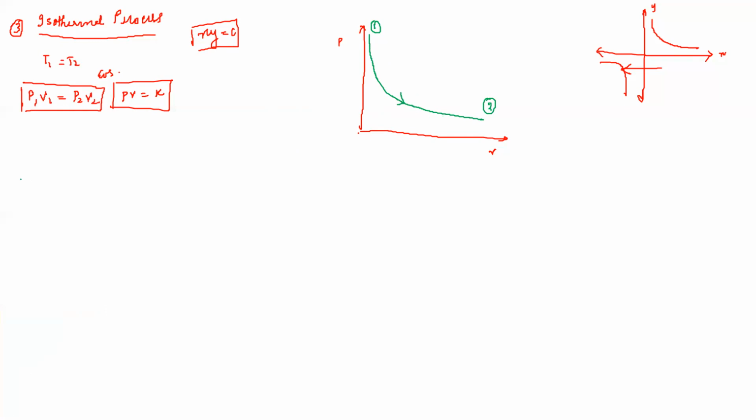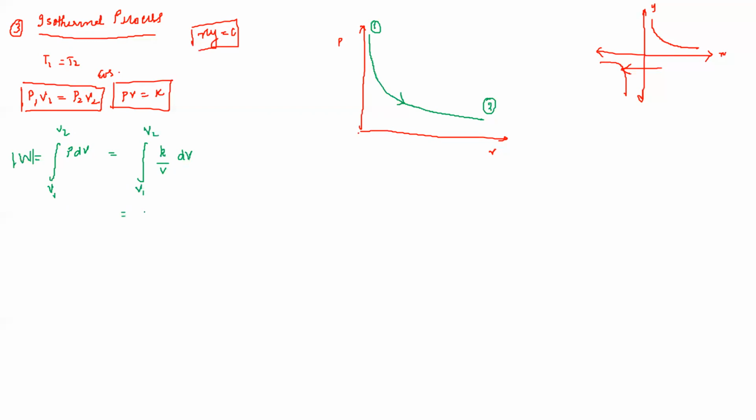Now the modulus of work done is going to be integral PdV from smaller volume to larger volume. Don't think final, initial, nothing like that. Smaller volume to larger volume. In place of P, we can simply write K by V. So it's going to be integral K by V dV, from V1 to V2.